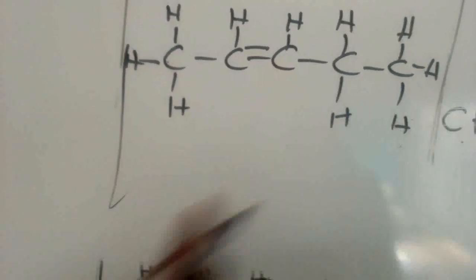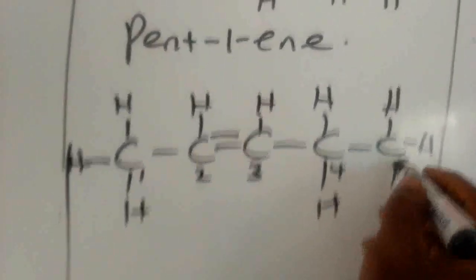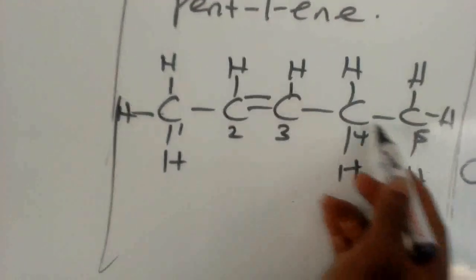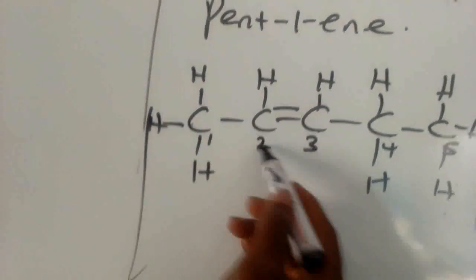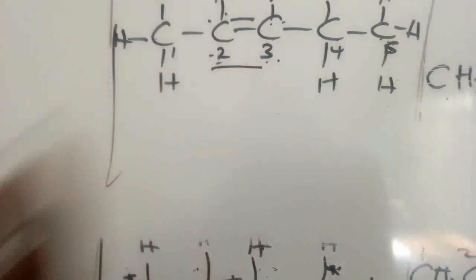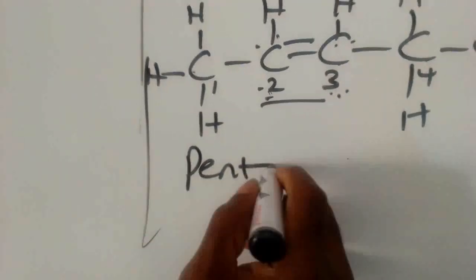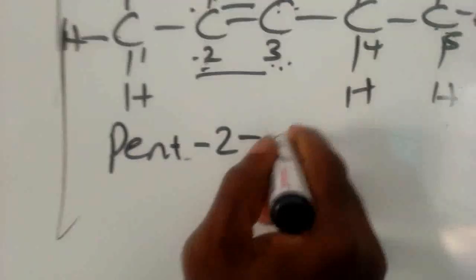To name the compound, numbering from one end gives 2 and 3, and from the other end gives 3 and 4. We prefer the lower numbering, so this is now called pent-2-ene, or 2-pentene.